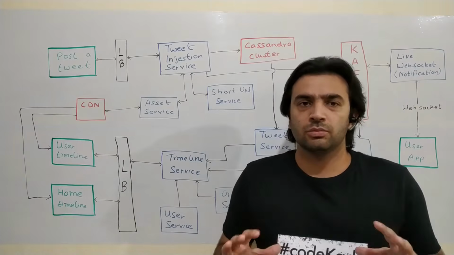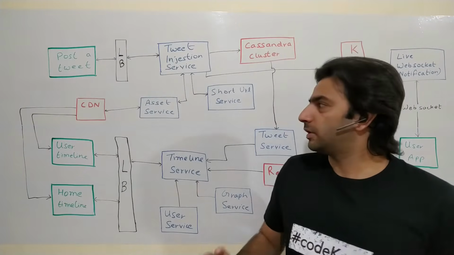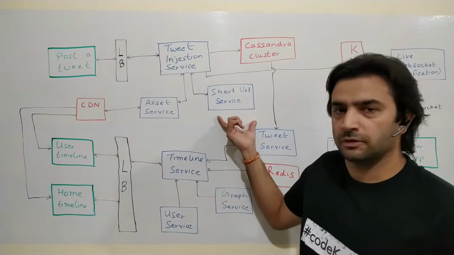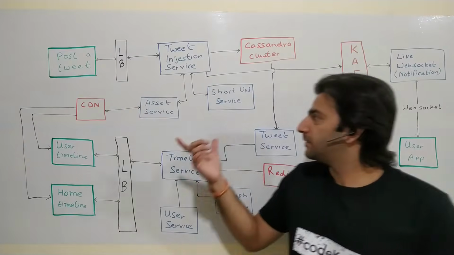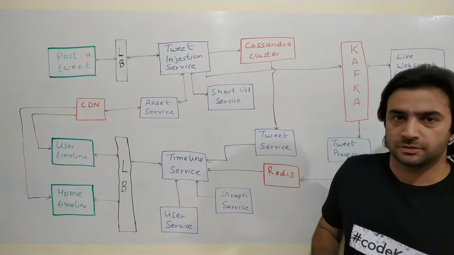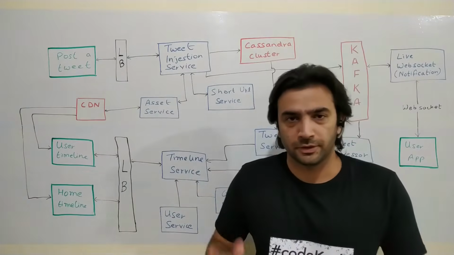Assume that can be taken care of in the UI automatically, and for the backend we'll have a short URL service. I do have another video on the design of TinyURL. Just think of it as a TinyURL system, and details of this short URL service can be looked up in that video.